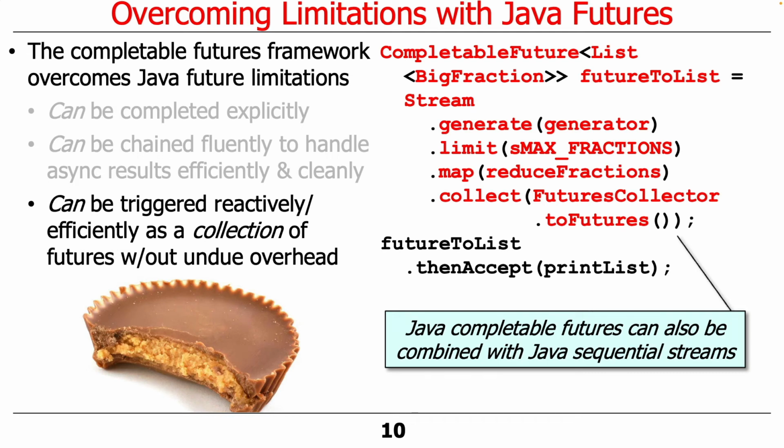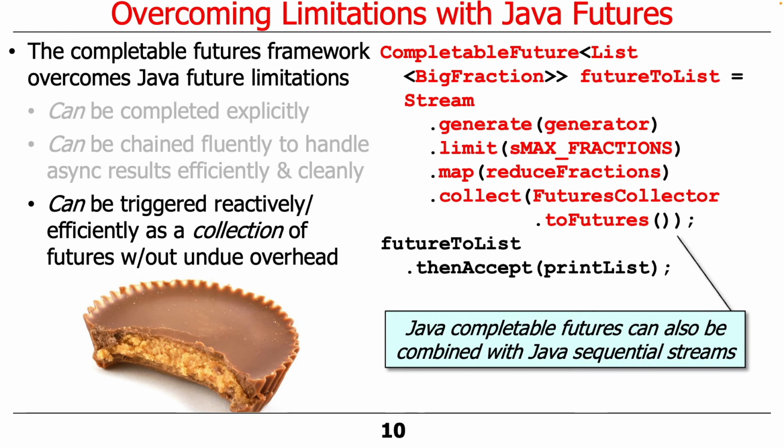So Java sequential streams gives us a way of being able to structure the overall flow of computation in this program, and then we can use completable futures to have the computations that are running in that flow be running asynchronously. And that's a really nice combination of things.